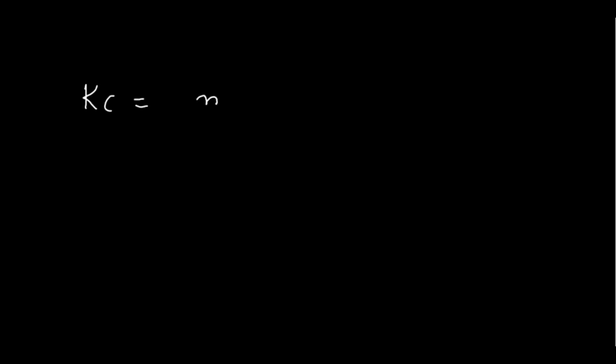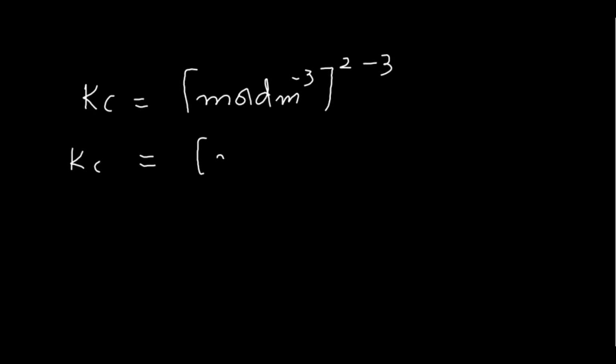Kc is equal to mole per cubic decimeter, right students? And here 2 minus 3. So we will have Kc is equal to mole per cubic decimeter to the power 2 minus 3, which is equal to minus 1.